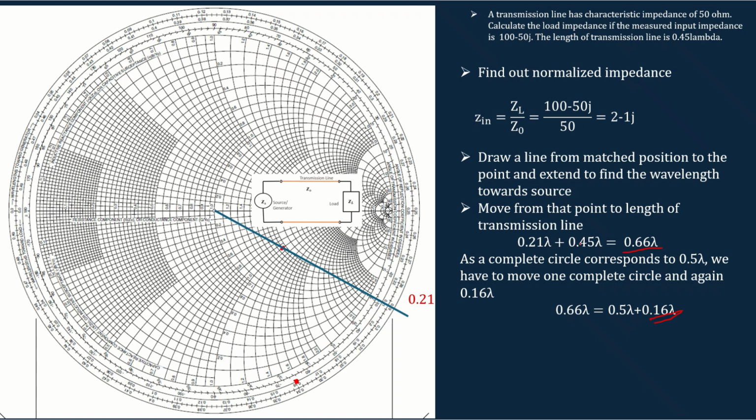So I have to add the length of the transmission line to the length of the input impedance and find that line corresponding to that. Now I have found that point. After finding that point, you have to draw a line from this matched position through that point. So I draw that line. Next is the step where we have to identify the point.